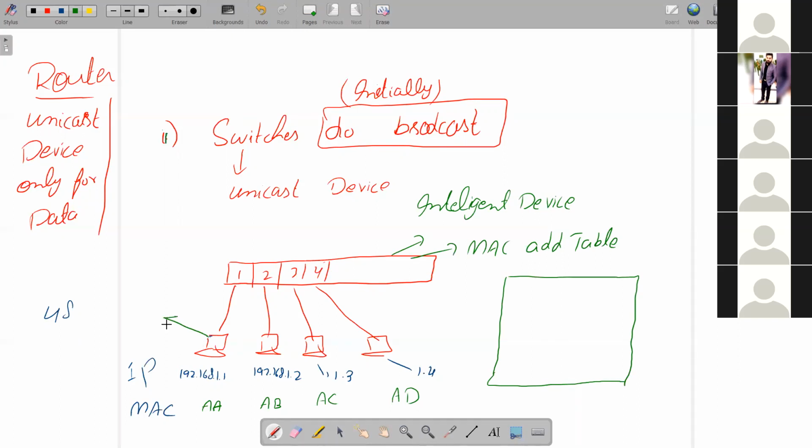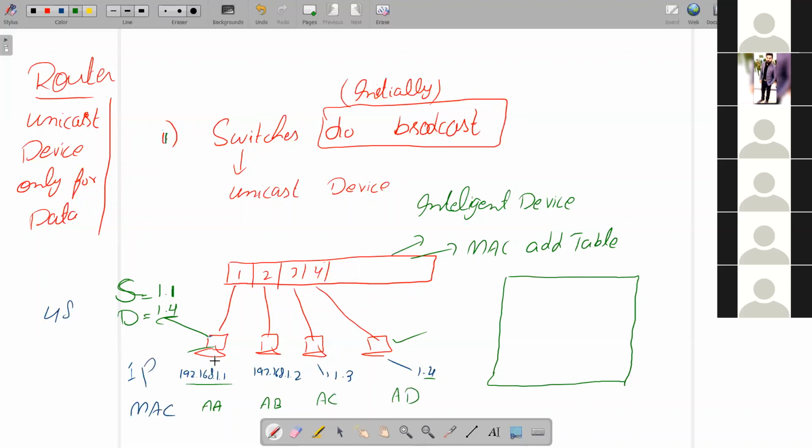whenever this particular source, which is 192.168.1.1, wants to communicate with a destination, for example, 1.4, this PC only knows the IP address of the destination.